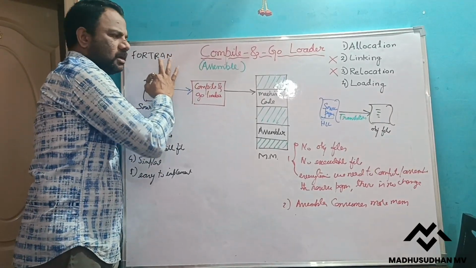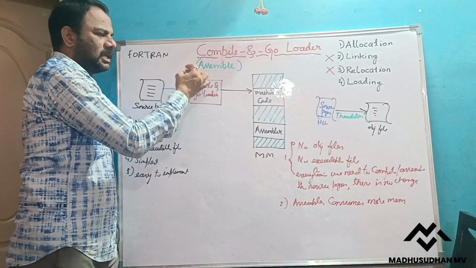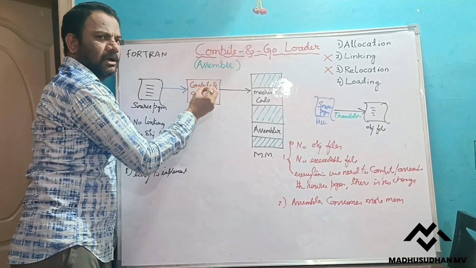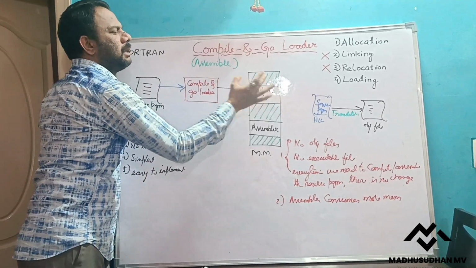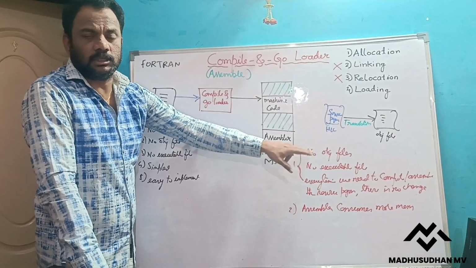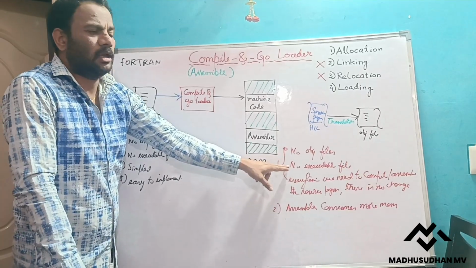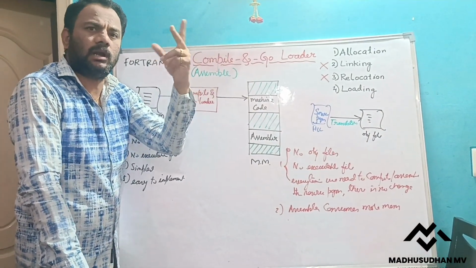Take one instruction, convert it and load it into the main memory. Because of this, there is no concept of object files. Since there are no object files, there is no linking, which means there is no linker.